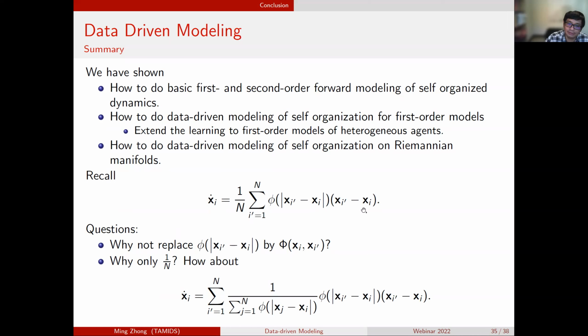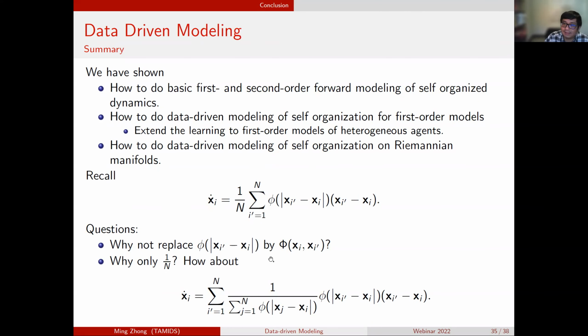For example, in this first order model, the change of the state is an average sum of all the interaction kernel weighted by the pairwise differences. I'm assuming that my interaction kernel depends only on pairwise distance. But is that true all the time? Why can't it depend on something else, or more than pairwise distance?